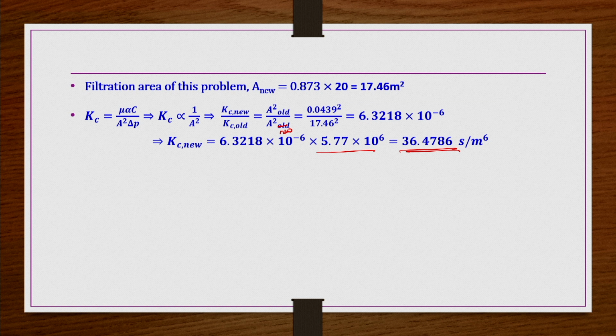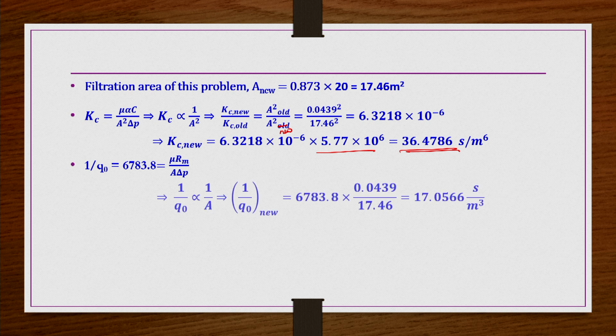Similarly, 1 by q naught in the previous case was 6783.8, which is nothing but mu Rm by A delta P. So, what we understand from here is that 1 by q naught is inversely proportional to filtration area.